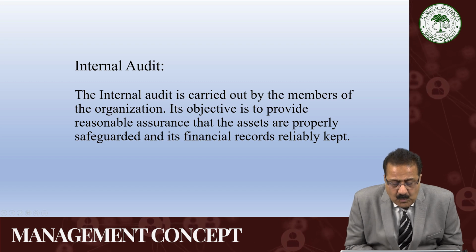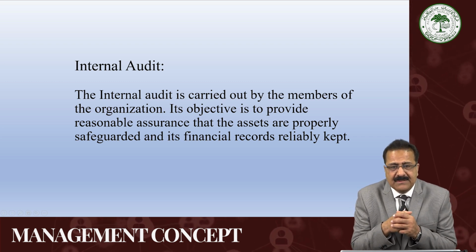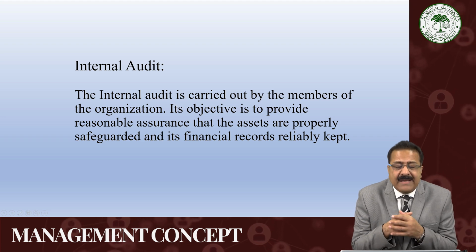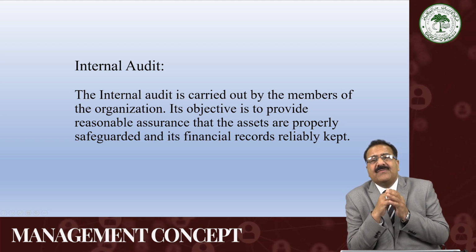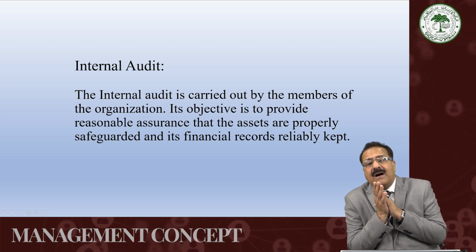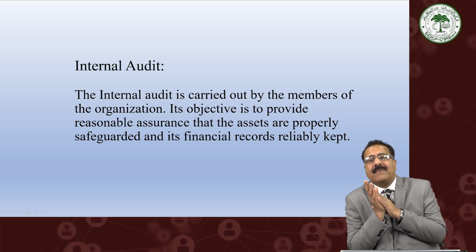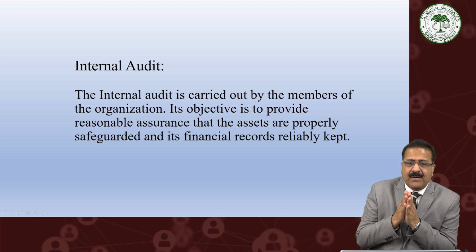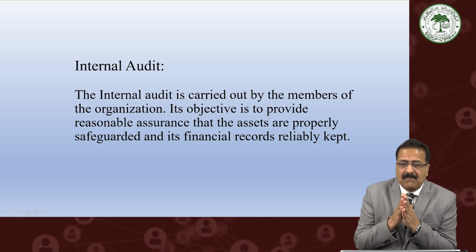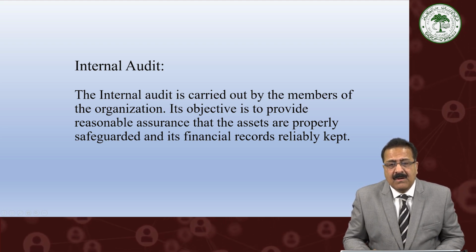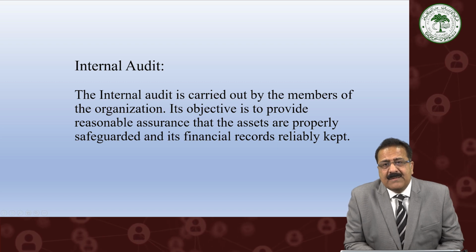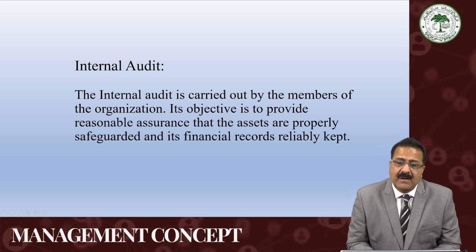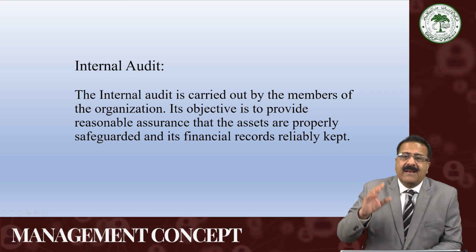Its objective is to provide reasonable assurance that the assets of the organization are properly safeguarded and its financial records reliably kept. This is the logic of the internal audit. The purpose here is to provide reasonable assurance that the assets are properly safeguarded and recorded in the financial records reliably.